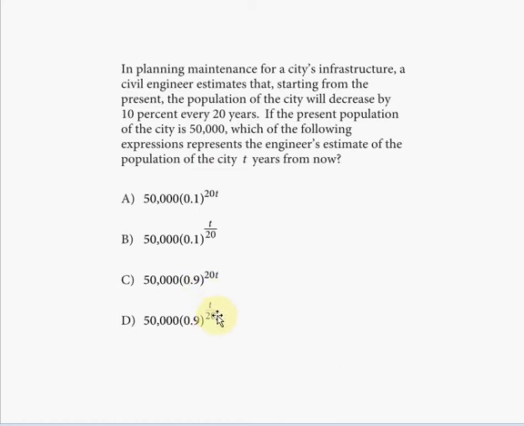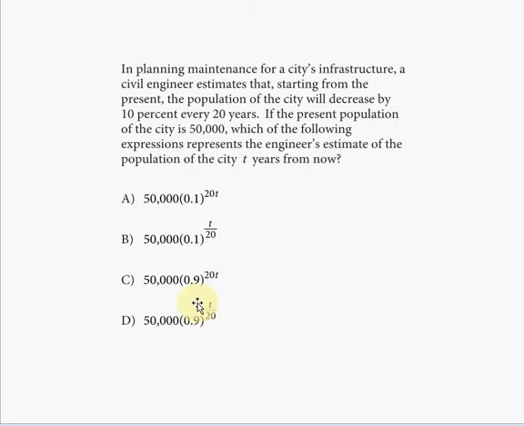But let's check this one. Well, by process of elimination, this one is the only one that can make sense, but let's see how it works. If we substitute t for 20, we would have 20 over 20, which is equal to 1. Bingo, right? So we have a power of 1 here. And it can work for t equal to 40, in 40 years' time from now, because 40 over 20 is 2, right?